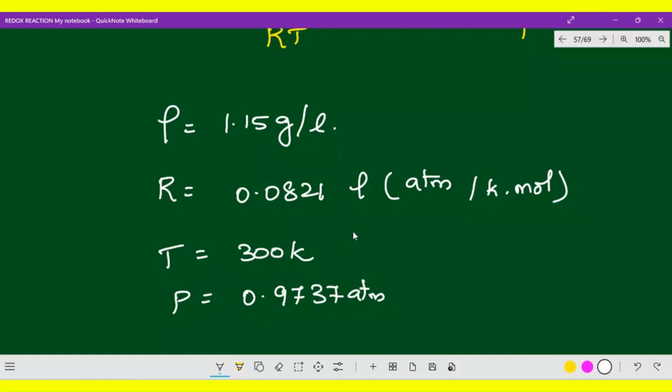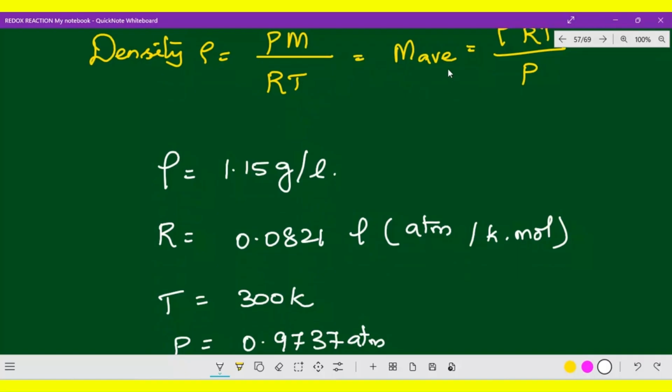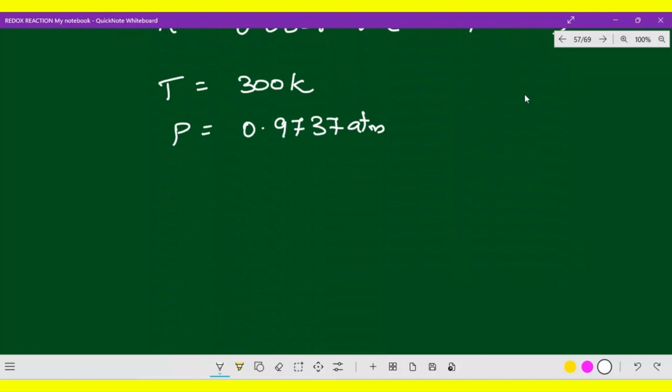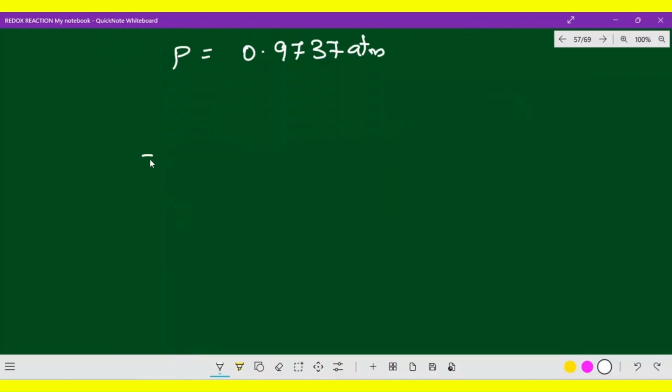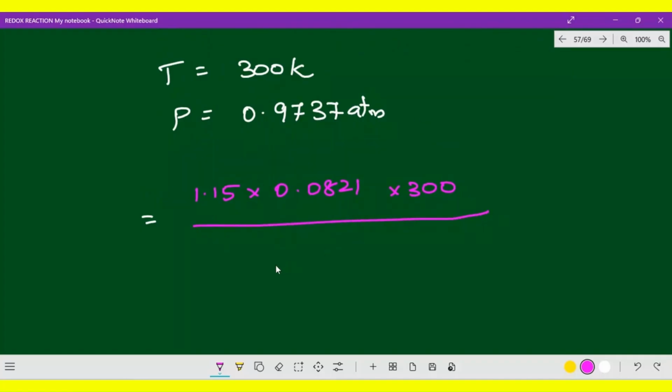So what is the formula we are using here? This formula, PM by RT. Now the average molar mass we have to identify, so rho RT by P. Let us apply the values: 1.15 gram per liter into 0.0821 into 300 Kelvin, divided by pressure 0.9737.